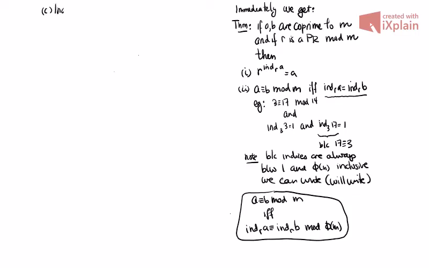I'm going to call this index rules. The idea is that indices behave like logarithms, which we've kind of seen, but we want to clarify some more. But there's a quirk that arises.